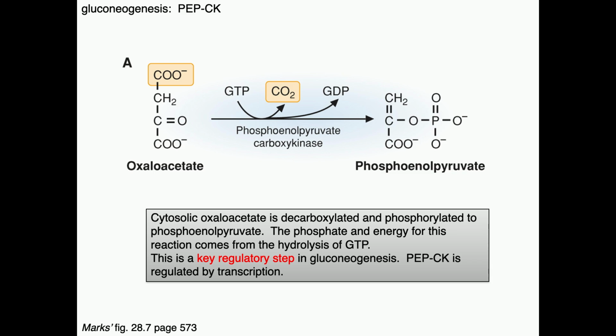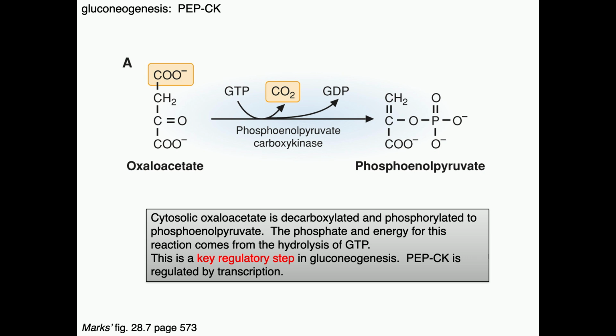This is an energy requiring step, and the energy to make the phosphoenolpyruvate is coming from GTP. Okay, so we got a high energy phosphate bond from GTP that goes to a high energy phosphate bond in the phosphoenolpyruvate. Okay, so this is the key regulatory step for gluconeogenesis.